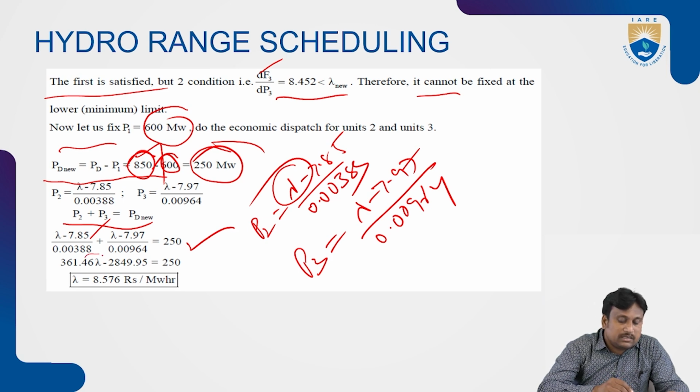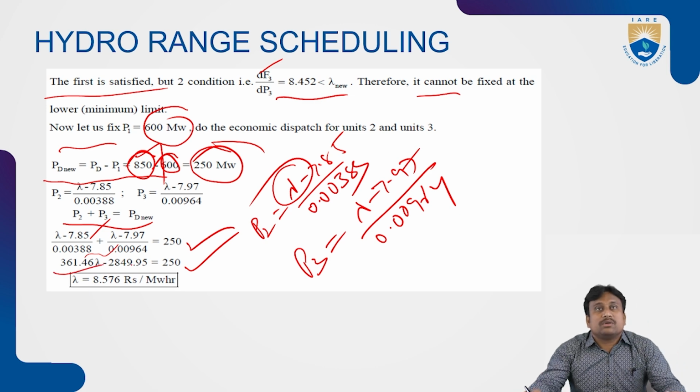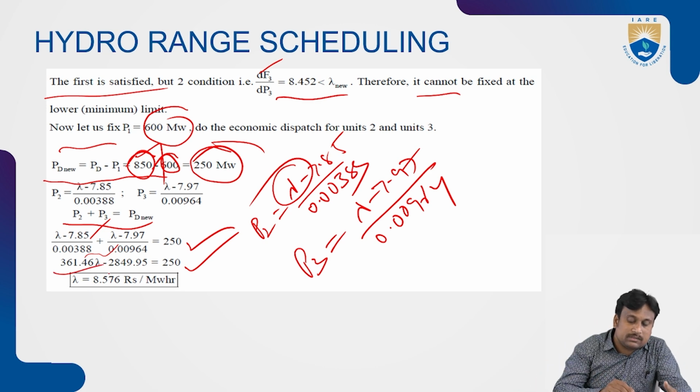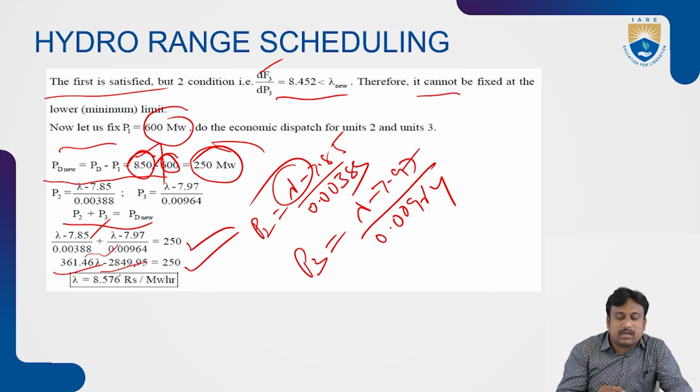Now, making the LCM of these coefficients, the expression we are getting is in terms of lambda. So that expression may be 361.46 lambda minus 2849.95, which is equal to 250.